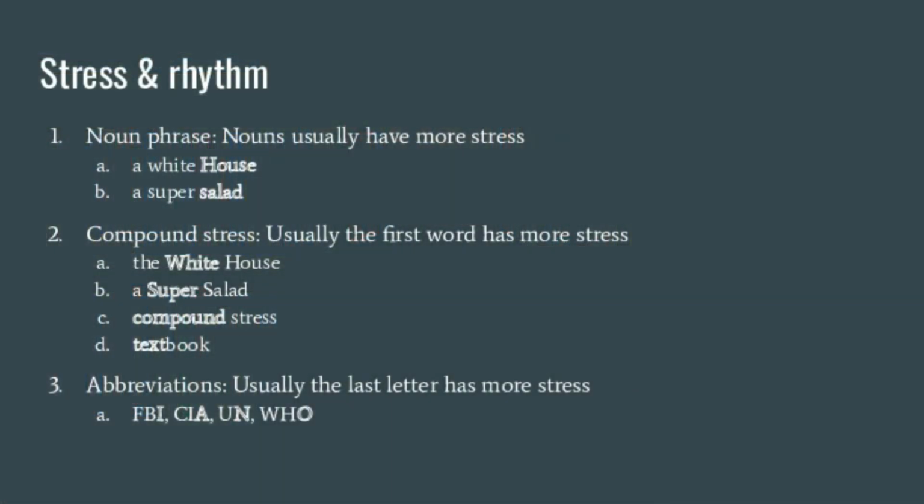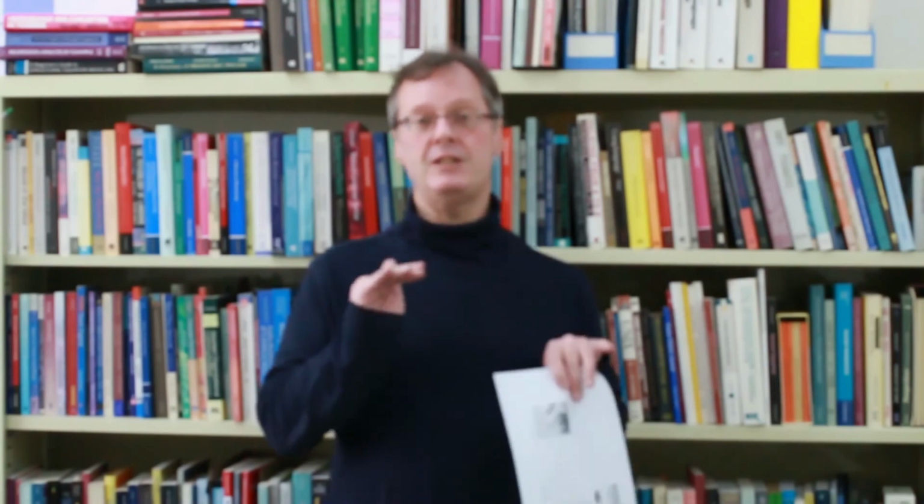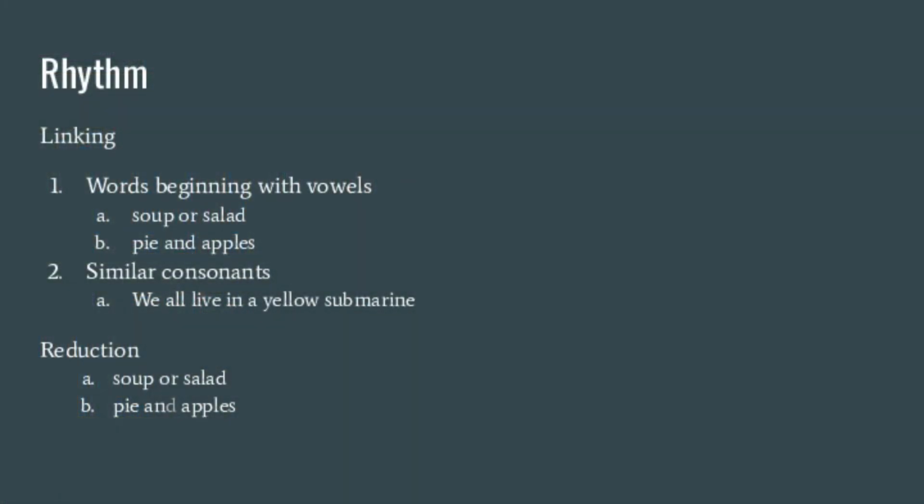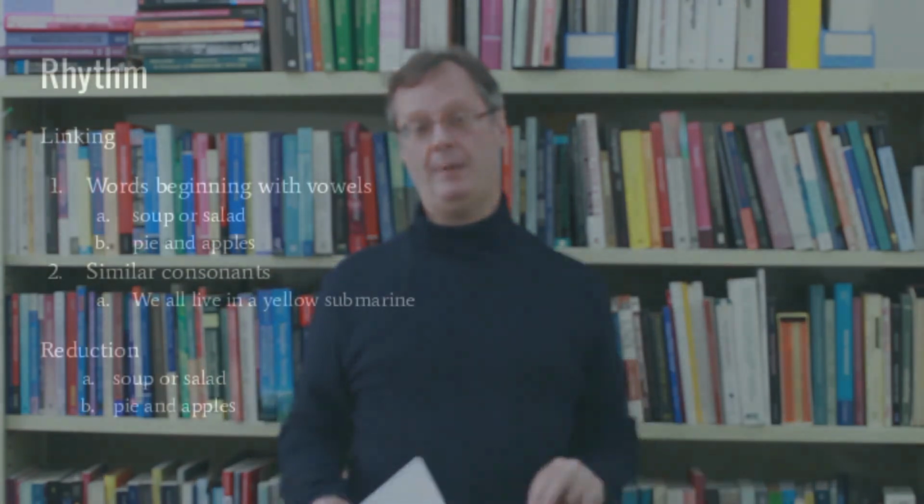There's also compound and abbreviation stress patterns, which are a bit complicated. We talked a little bit about linking, which you at least need to be able to hear in words and sentences when you listen to native English speakers. The most common is vowel linking, where a word beginning with a vowel will link with the word before it, like "pie and apples."